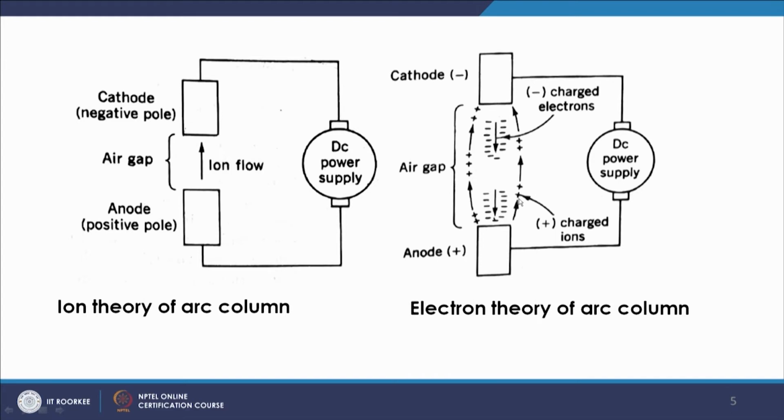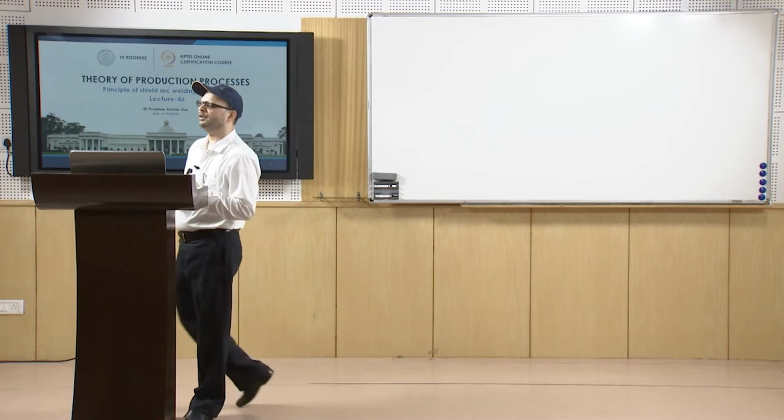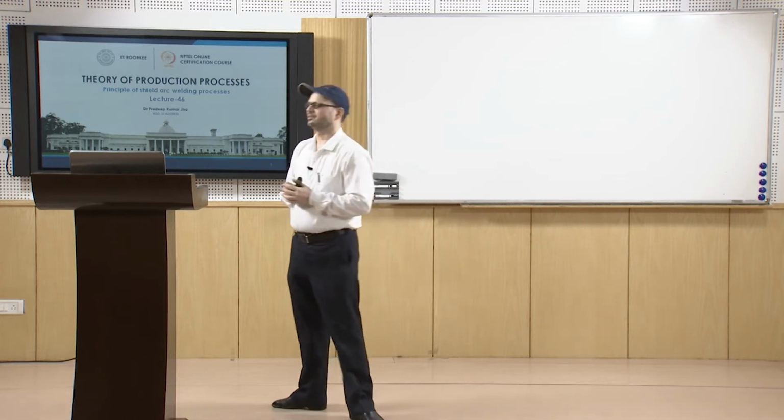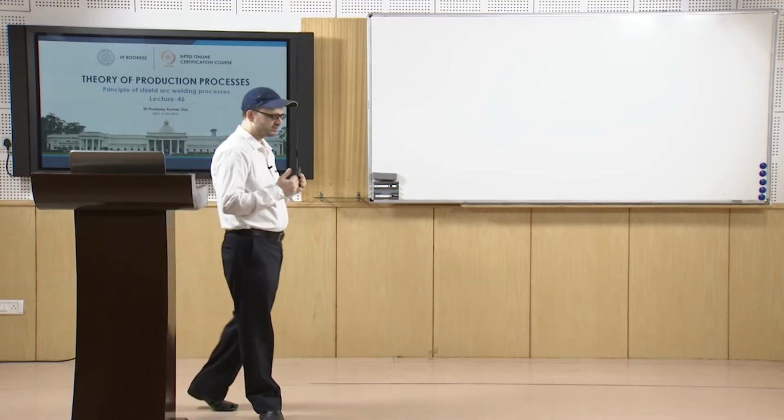So, most of the energy in the form of heat is liberated at the anode terminal. Whenever we talk about the DC power system, since the movement of electrons is fixed, moving from cathode to anode, you have the stoppage at the anode, and a larger fraction of the heat, that is 2/3 of the heat, is generated at the anode. Whereas, if we talk about the AC power system, the polarity is changing every cycle.